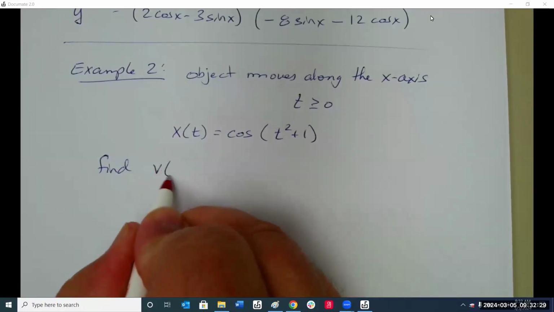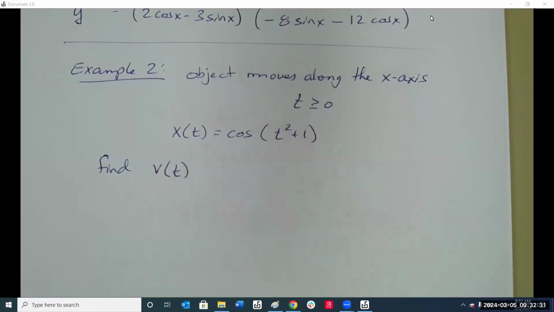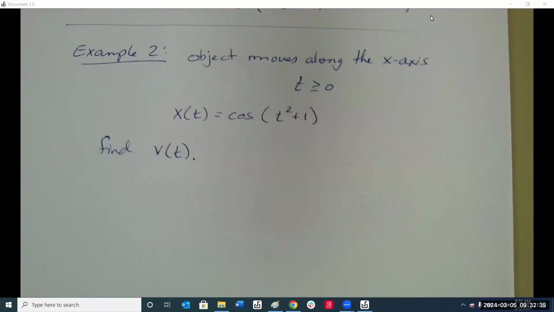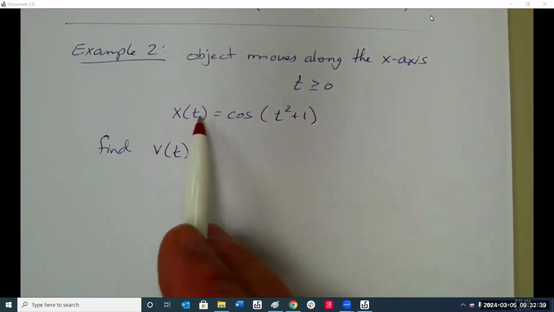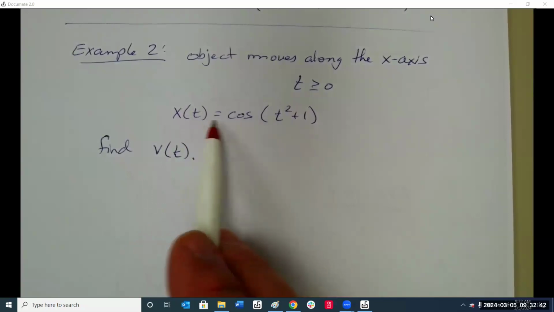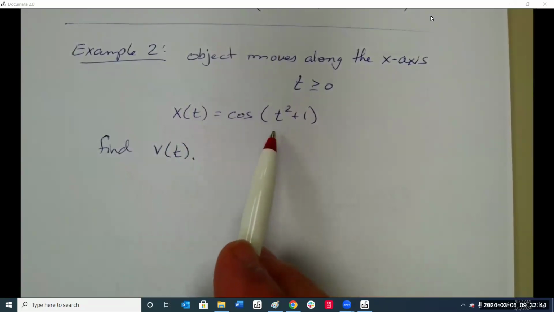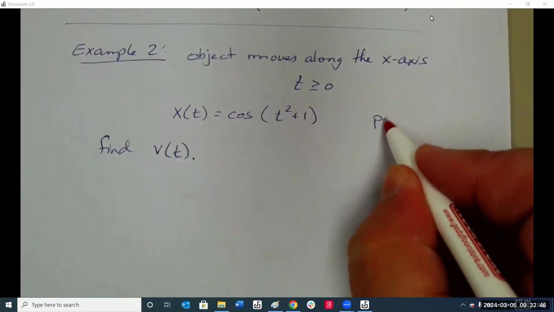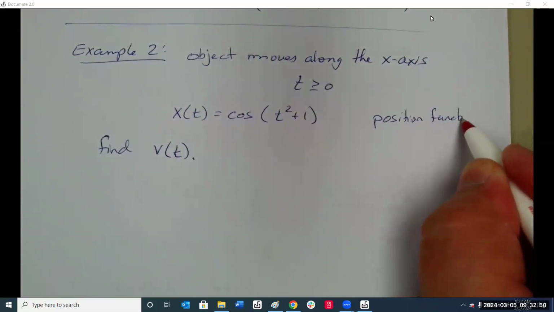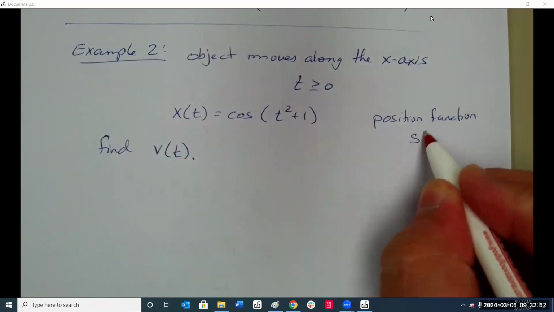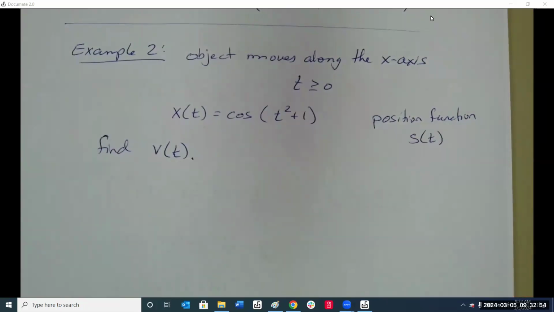Find the velocity of the object. So this is the function of the object moving along. So therefore, this is the position function, which earlier we defined as s of t.